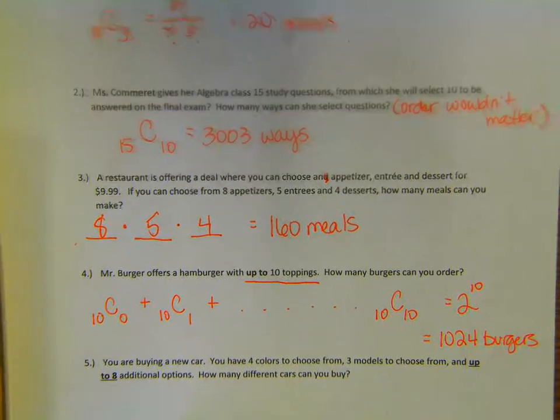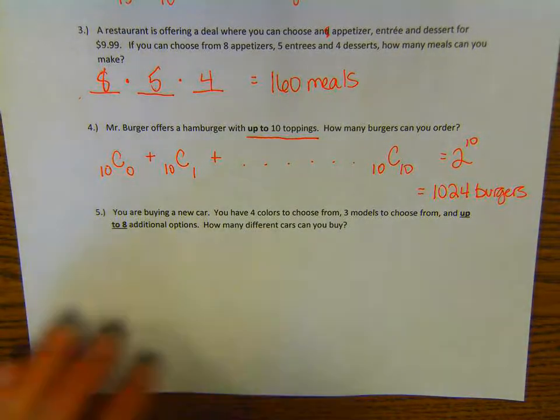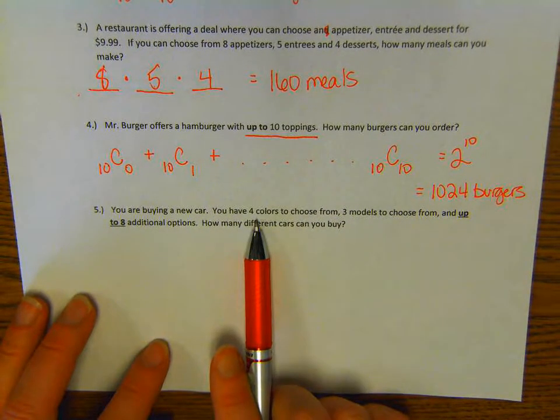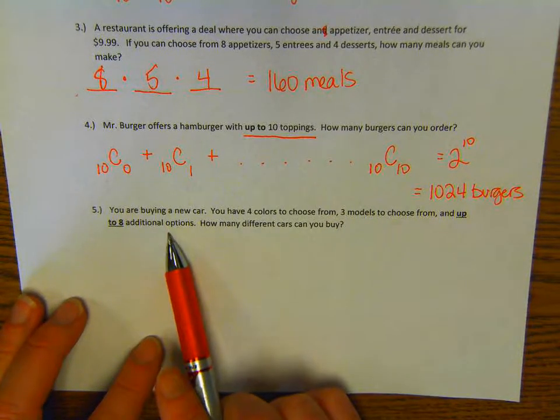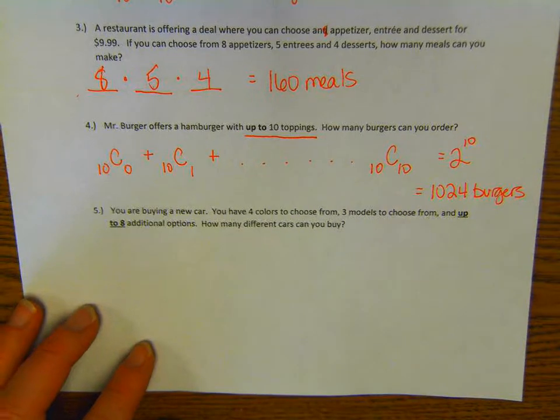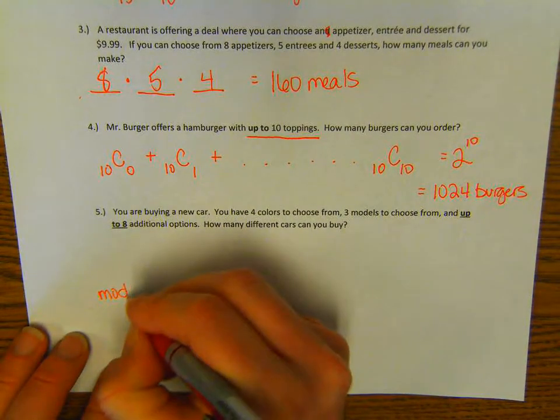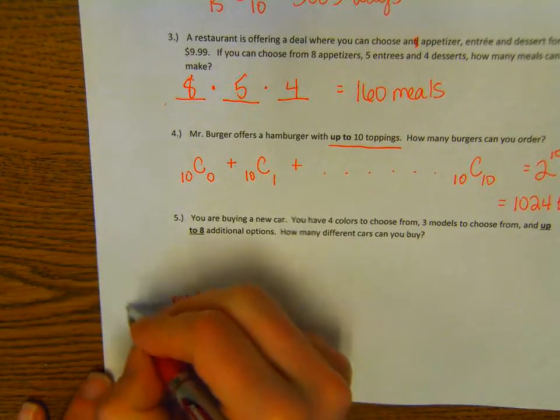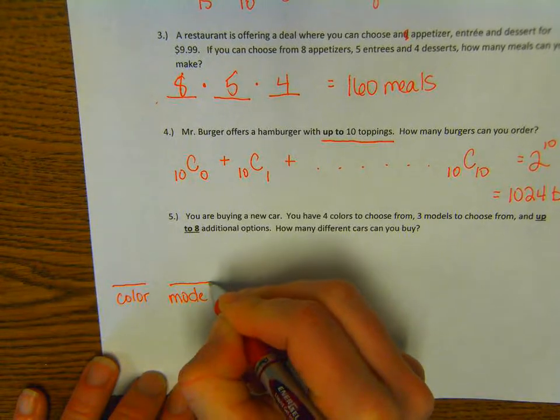Okay. So number 5. You are buying a new car. You have 4 colors to choose from. You have 3 models to choose from, and up to 8 additional options. So we have the model, we have the color, and then we have the options.